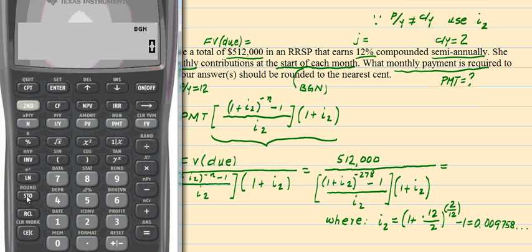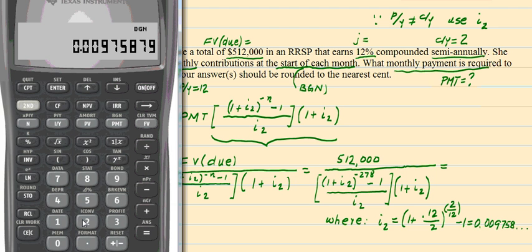So 0, store in memory 2, so we'll erase anything that you have in memory 2, and then left bracket 1 plus 0.12 divided by 2, right bracket, exponent y to the x, bracket 2 divided by 12, right bracket, and then minus 1, and equal, and then store in memory 2, so it's like I sub 2, and we have exactly the same answer as before.